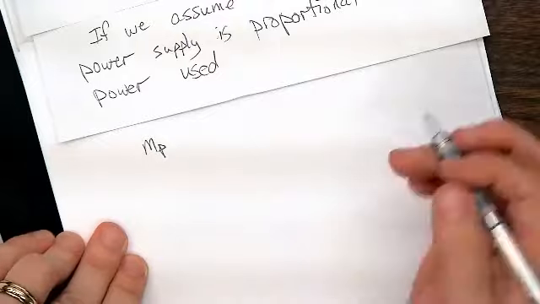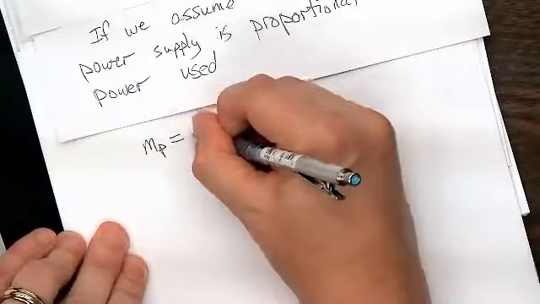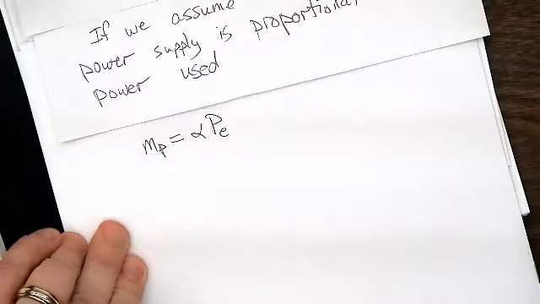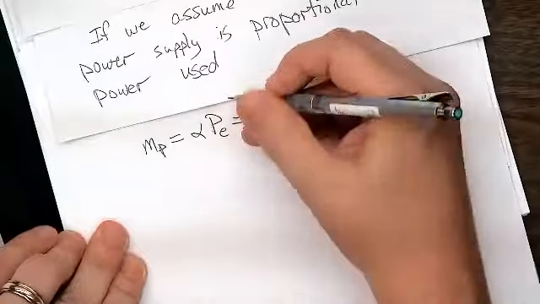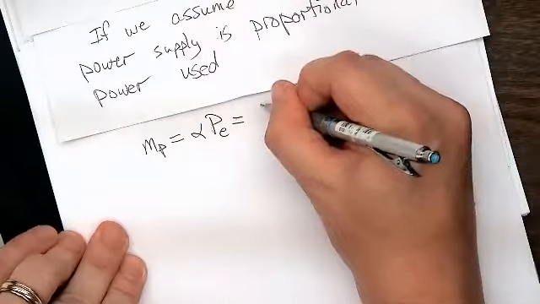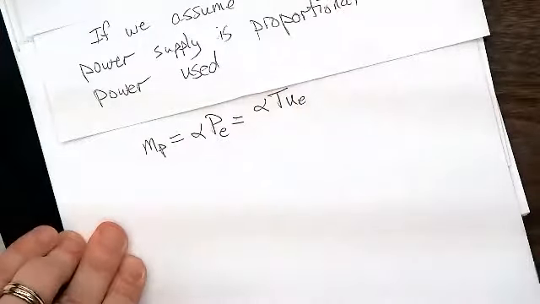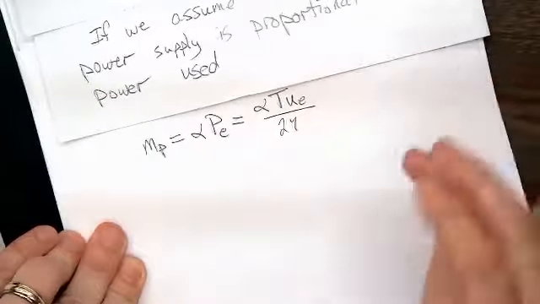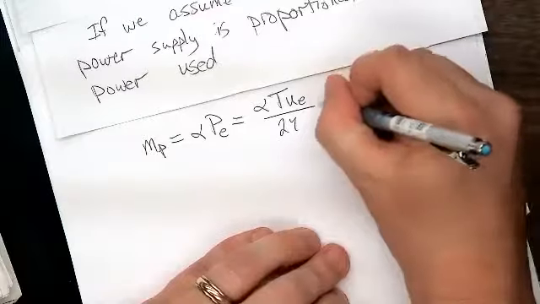Okay, M sub P is equal to alpha times the electrical power, which is equal to alpha times thrust times exit velocity divided by 2 times eta. We'll define these terms in a second.